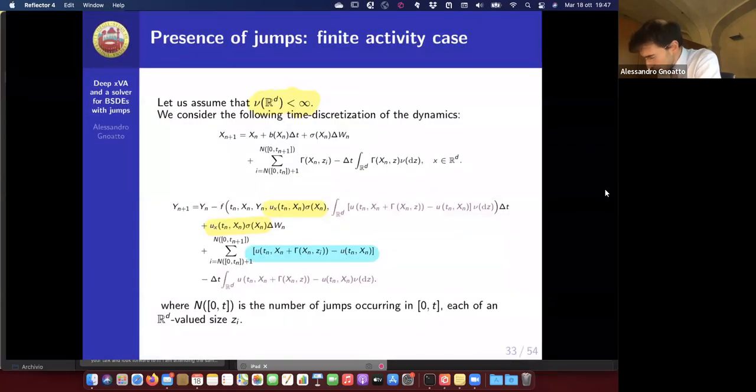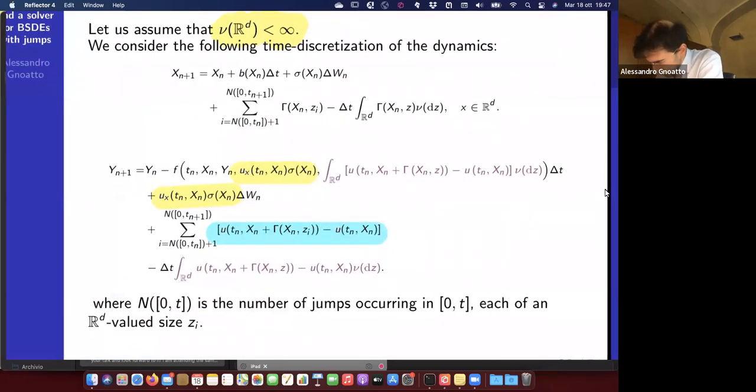And of course, now here, this is the compensator of the jumps of the BSDE, which of course involves the difference of u before and after the jump. And notice that this is an integral in R^d, where d could be very high.